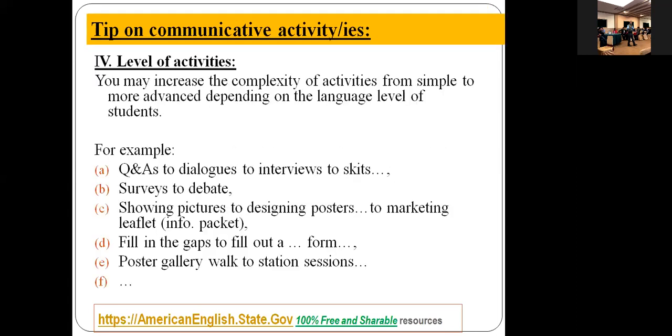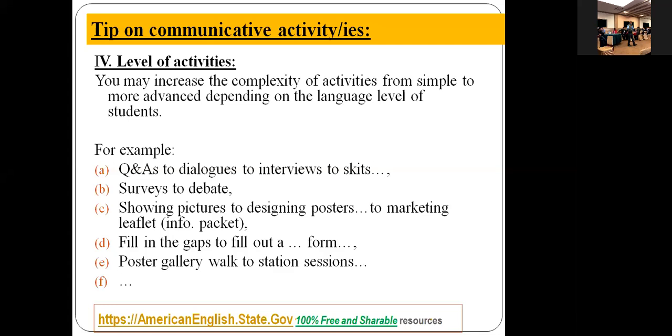So that's that. And going to the next slide, the level of activities. I also got questions about what should be the level of activities. As I said, it should not be too idealistic. It should depend on the students' language level.